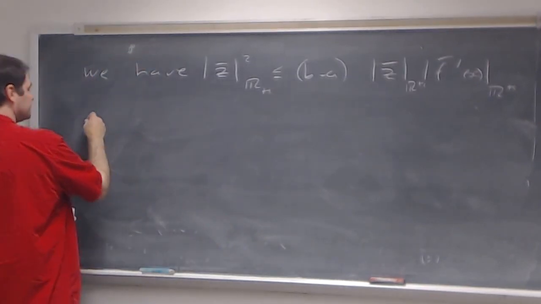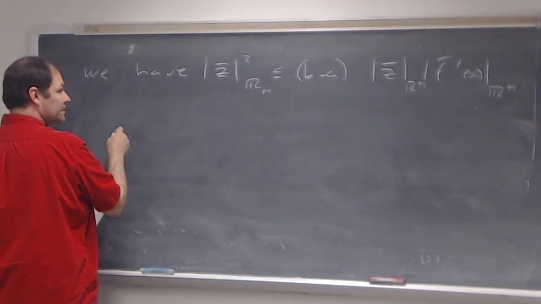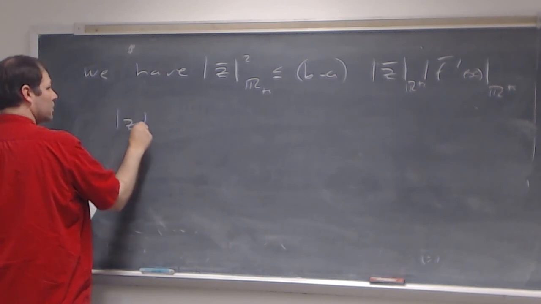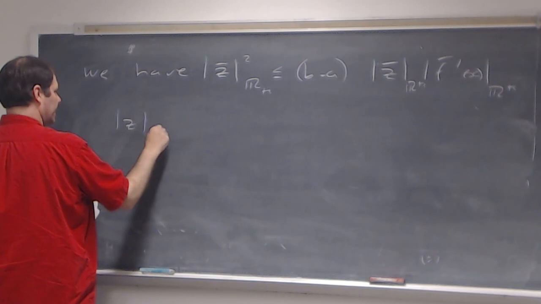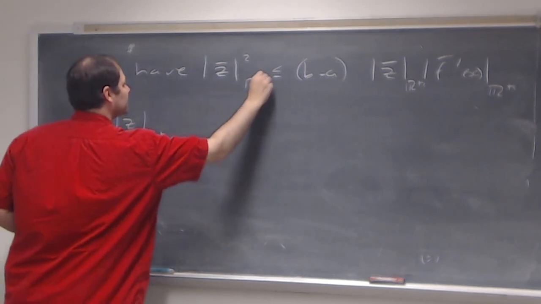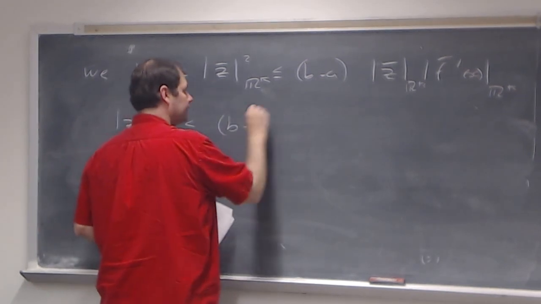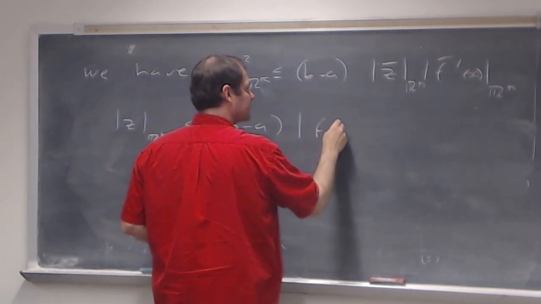Now, if we divide everything by the norm of Z bar, then what we get is that the norm of Z in R^k is less than or equal to B minus A times this.